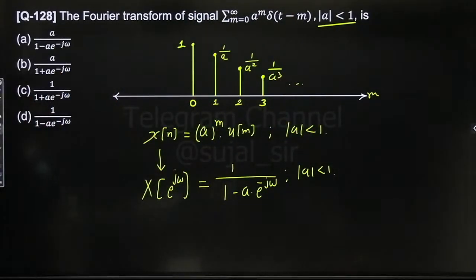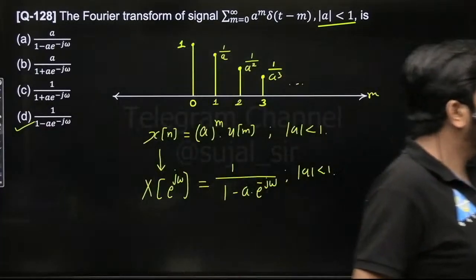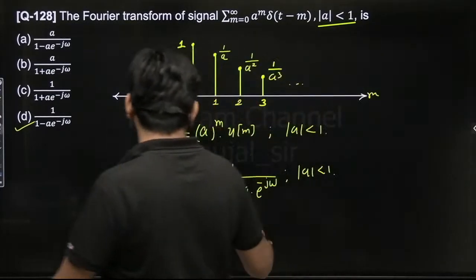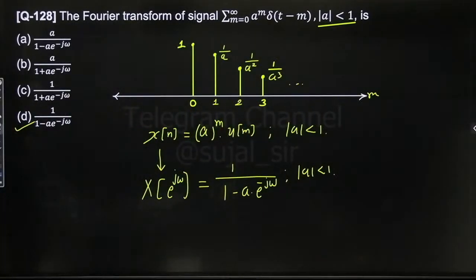So which option should be the correct answer here? 1 upon 1 minus a e power minus j omega, option D. Here option D should be the correct answer of this question.